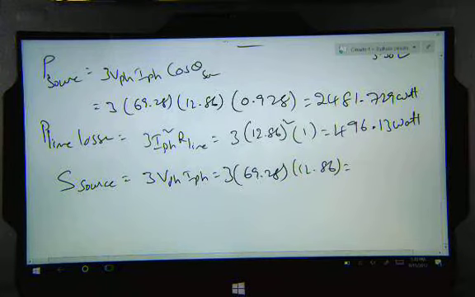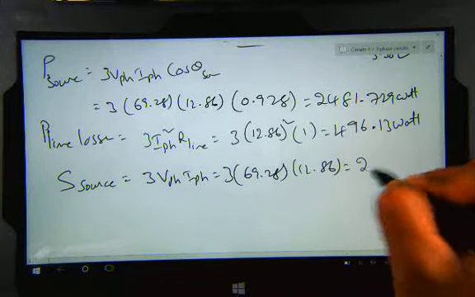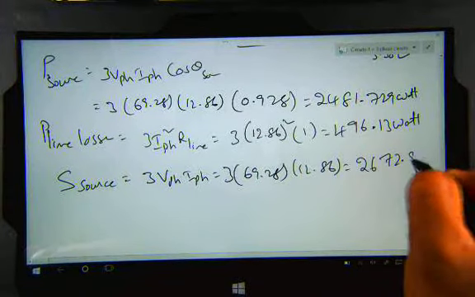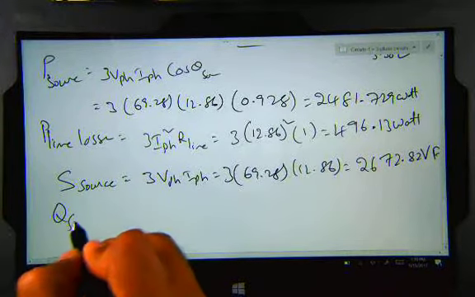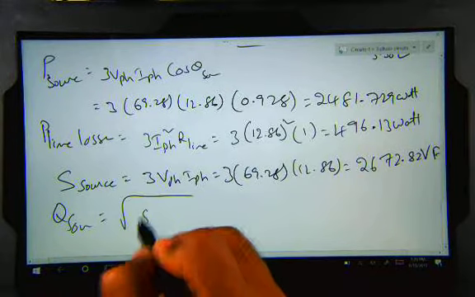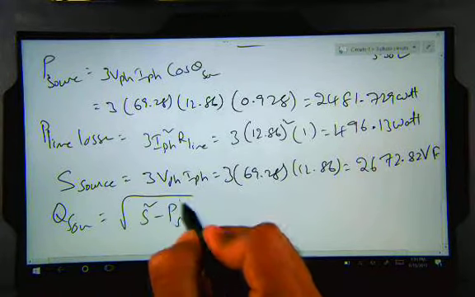Sorry, I didn't do this calculation before, but I'll do it right now. That is 2672.82 volt ampere.